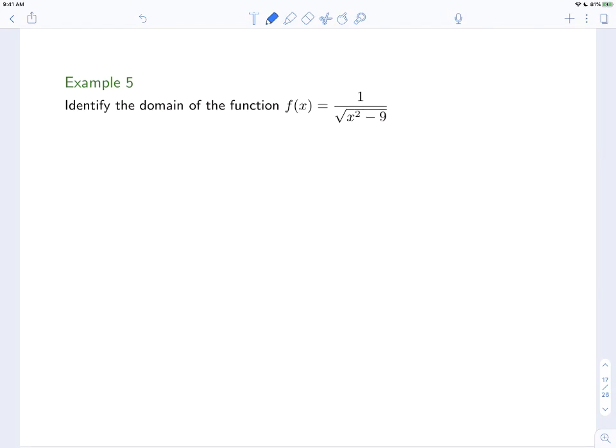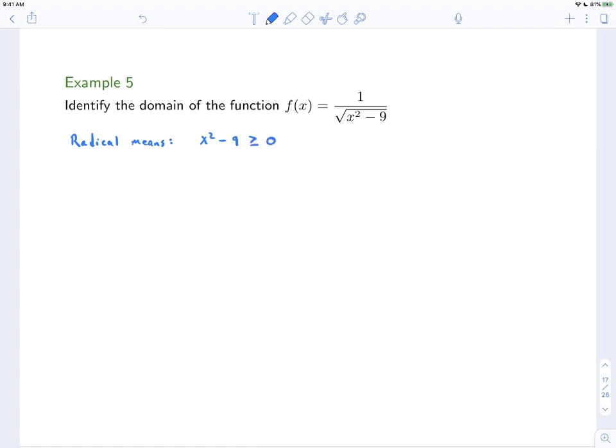Here we want to identify the domain of the function f of x equals 1 divided by the square root of x squared minus 9. So as before, we want to avoid the denominator being 0, but also notice that we have a radical in the denominator. So the radical means that the thing inside the radical needs to be greater than or equal to 0.